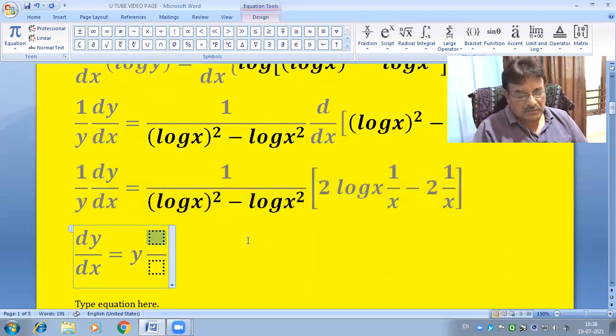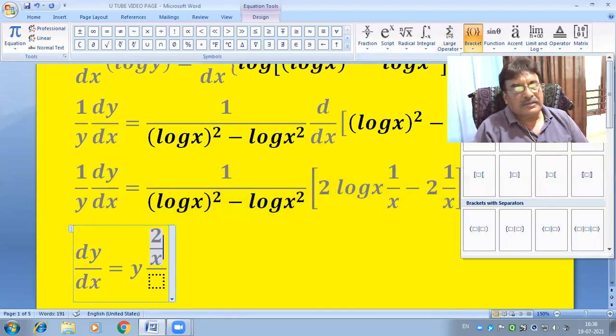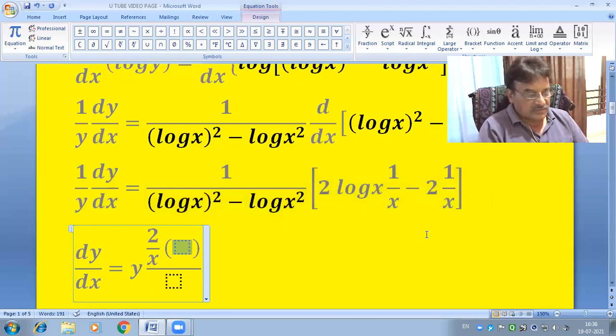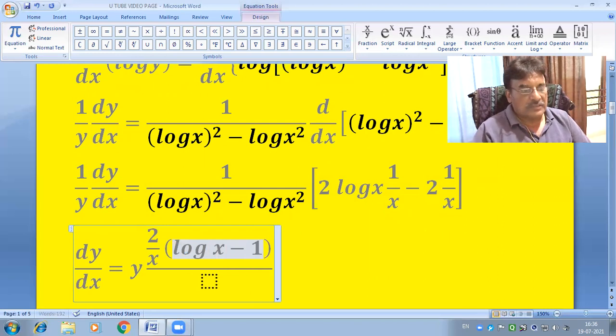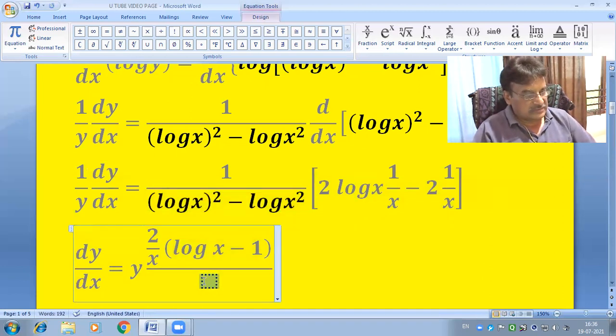So right here 2 by x take common, in bracket log x minus 1. So right, log x minus 1 upon this (log x)² minus log x² as it is. So write these functions here.